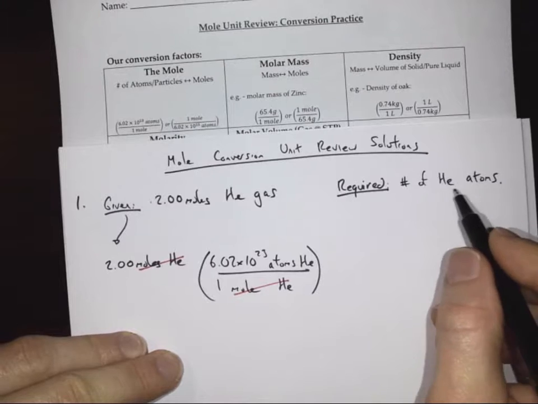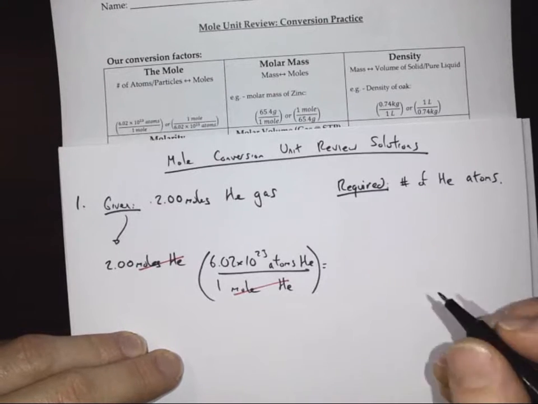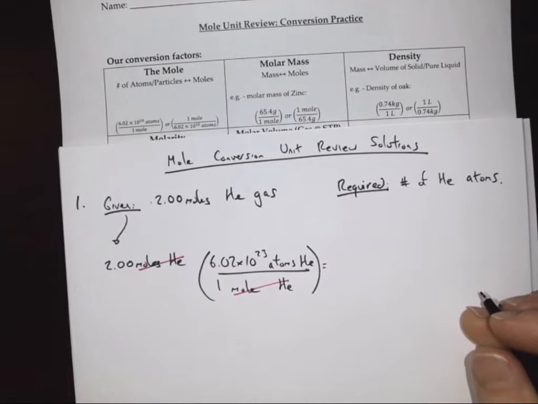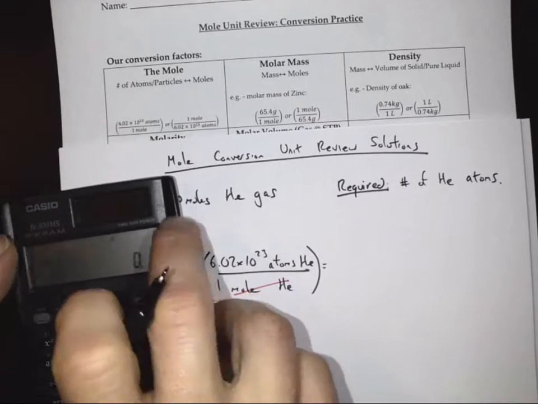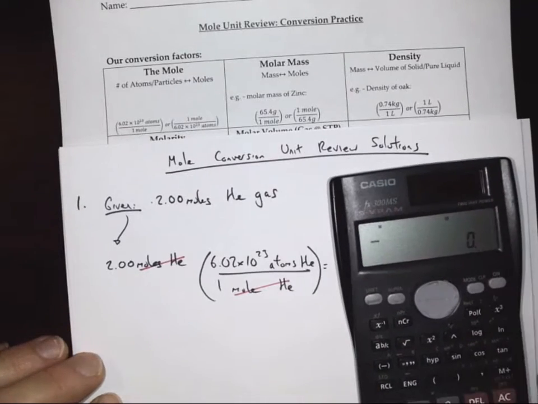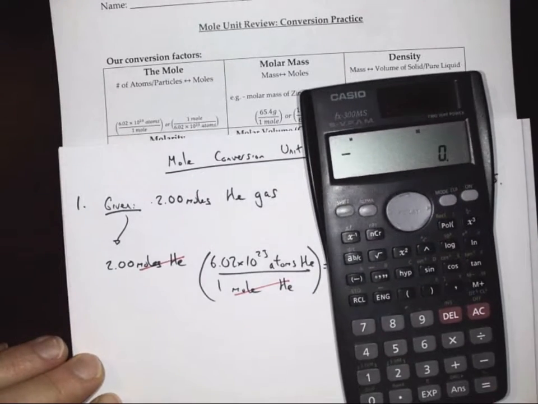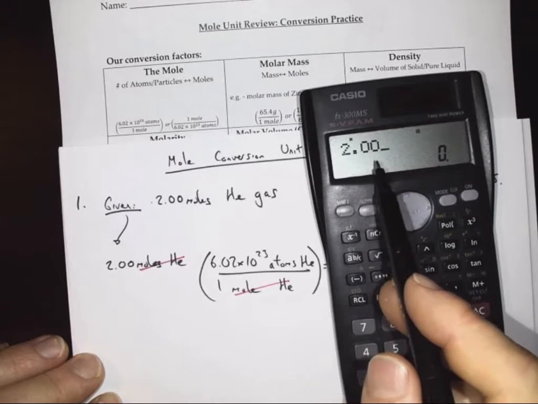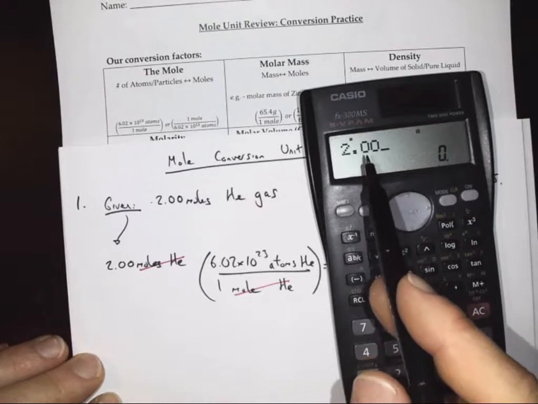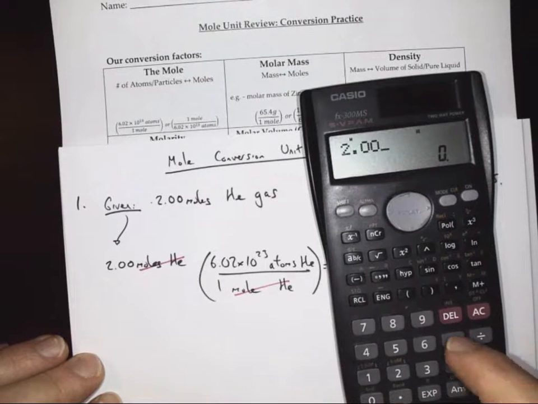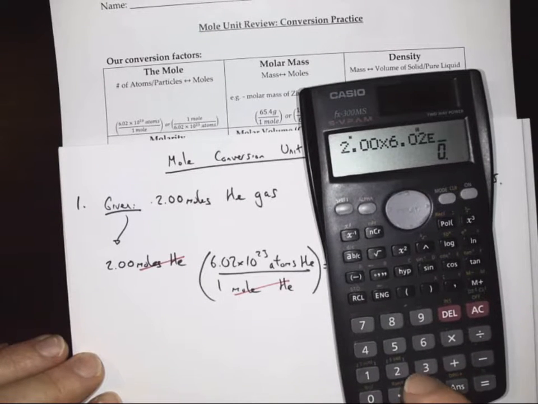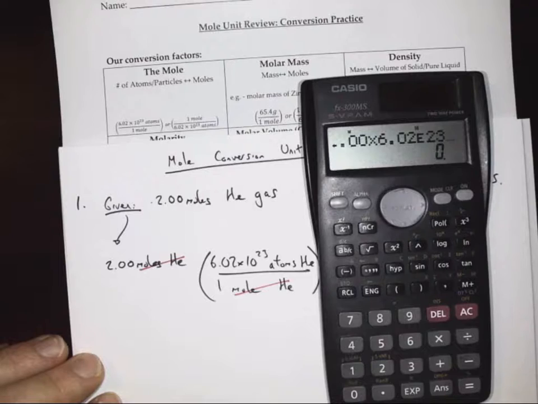And if you look here, that's what we were looking for, number of helium atoms. So the last thing I do is I grab my calculator. I say, okay, this looks like a pretty straight multiplication. So 2.00, you can put 2.00 in your calculator, but it doesn't know the difference between 2.00 and 2. And multiply by 6.02 times 10 to the 23.